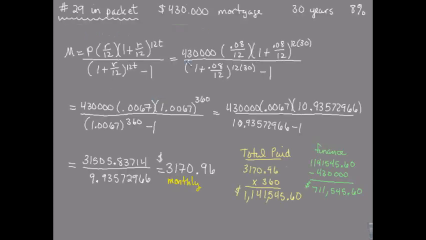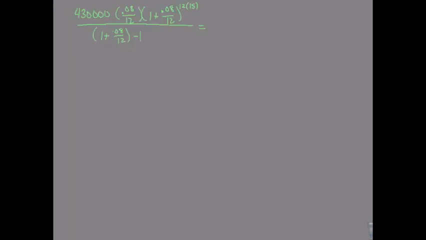Let's see what happens if we take that same house at the same interest rate, but instead of 30 years, let's do 15. Let's just see what happens if we cut the length of time in half. Okay, I'm going to go back and get my decimals because it's the same decimals, right?